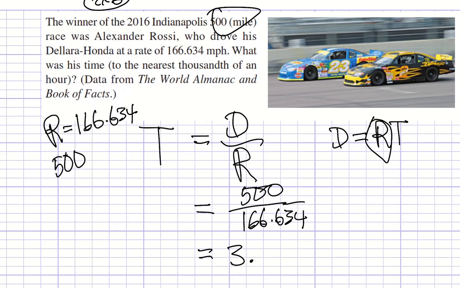Yeah, the time is he uses 3 hours and 3.001, because you want to do it to the whole 1,000. So that's to the 1,000, and that is hours, because everything is in miles per hour.